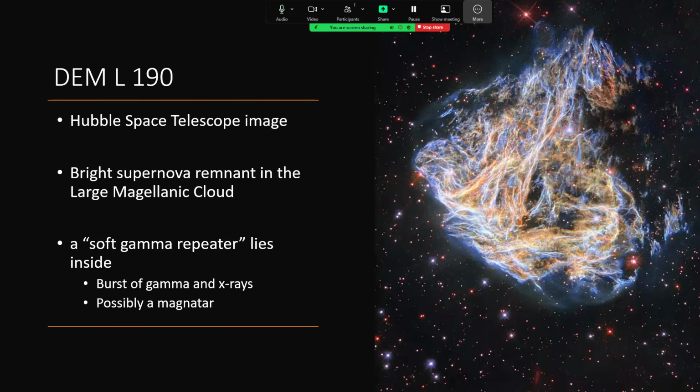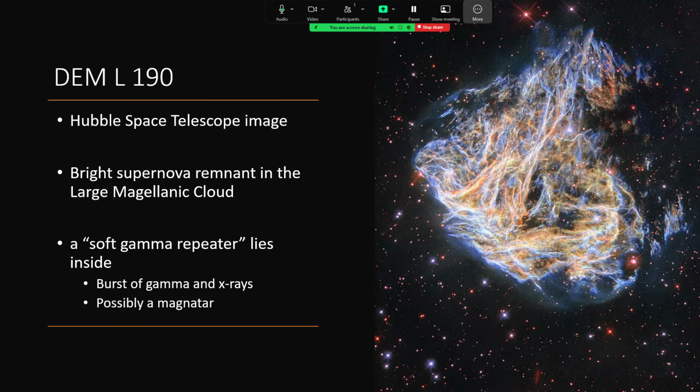Also inside the LMC, we have a supernova remnant where a star definitely exploded some time ago. And this is a Hubble Space Telescope image of DEM L190, which is very interesting because it contains what's called a soft gamma repeater. Again, you don't hear very much about these soft gamma repeaters. These are giving off bursts of gamma rays and X-rays from time to time, lower energy gamma rays, so soft gamma rays.